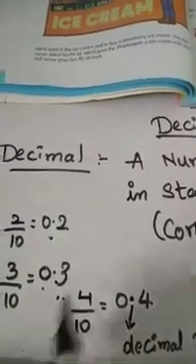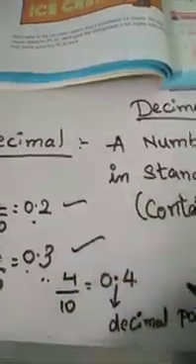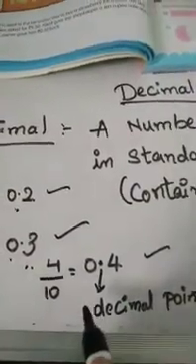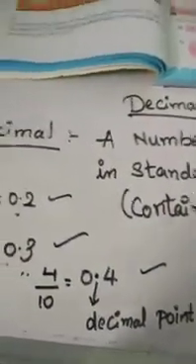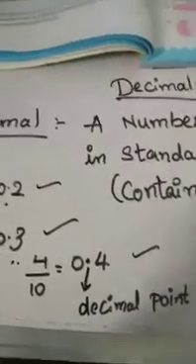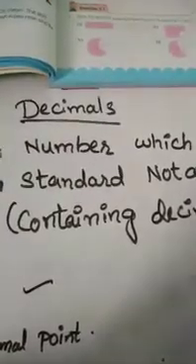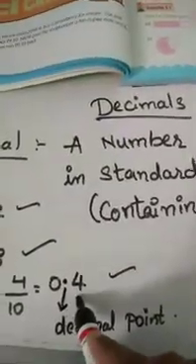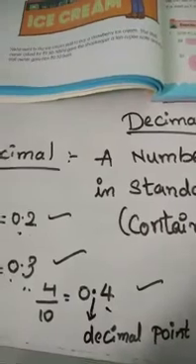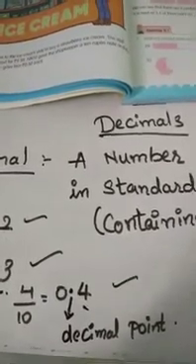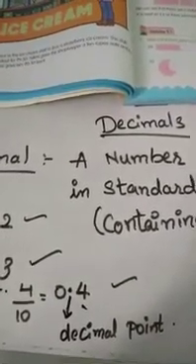They have been written in decimal form, and this point is the decimal point. So the definition of decimal: a number which is written in standard notation containing a decimal point. Now you understood? This is the introduction to decimal.